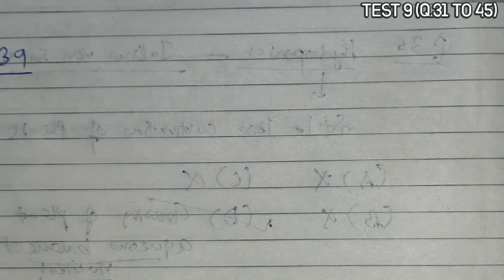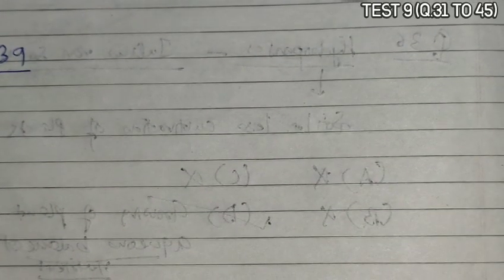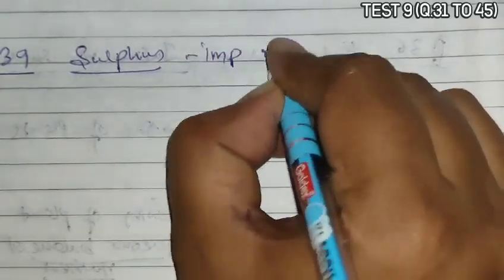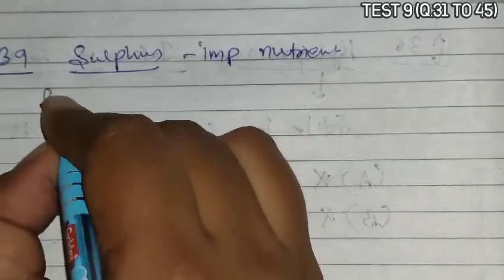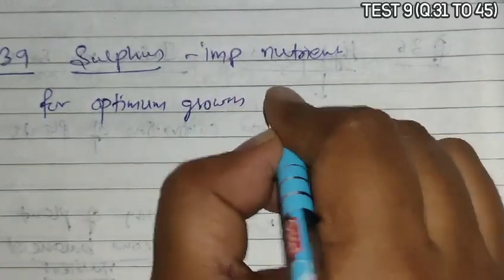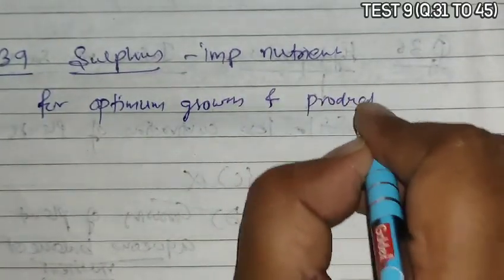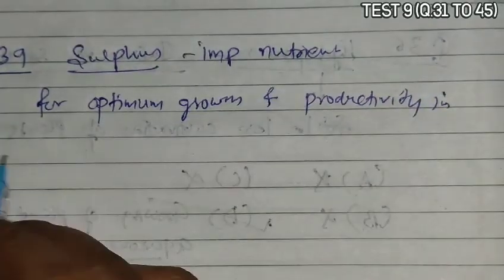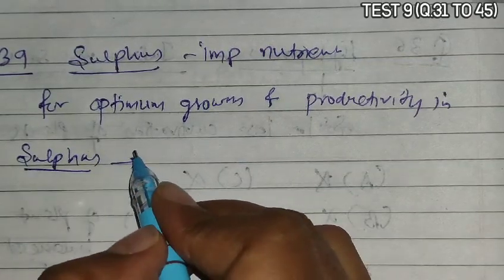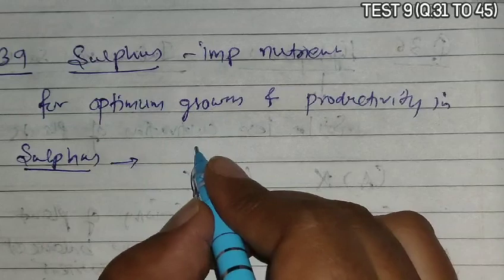Next is question 39. Question 39 asks that sulfur is an important nutrient for optimum growth and productivity in... Now we remember that sulfur is present in all the cells of the body in association with proteins made up of sulfur-containing amino acids.